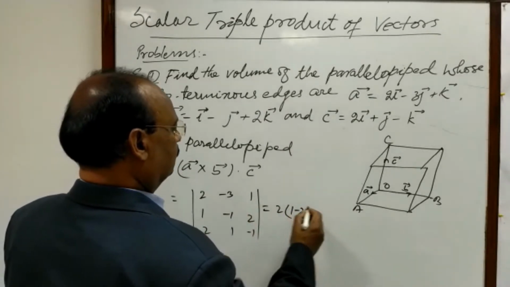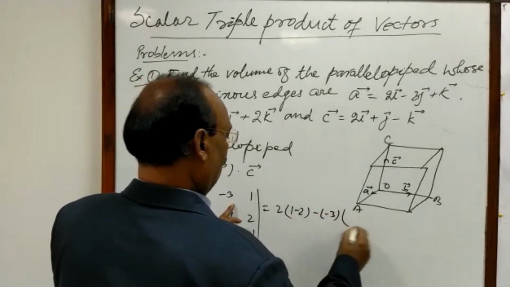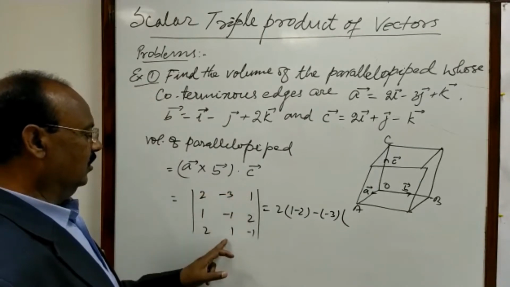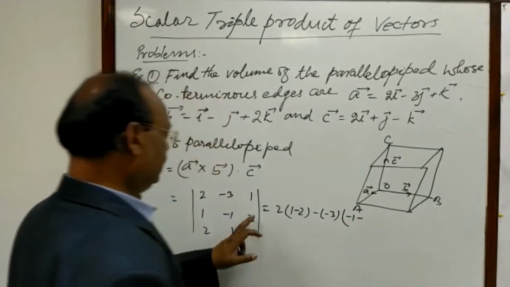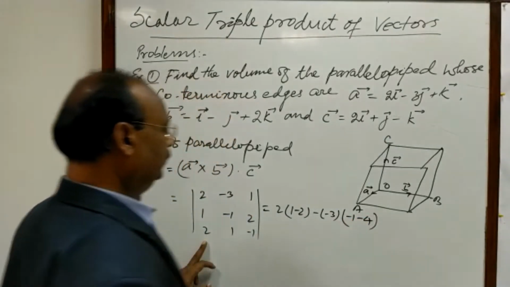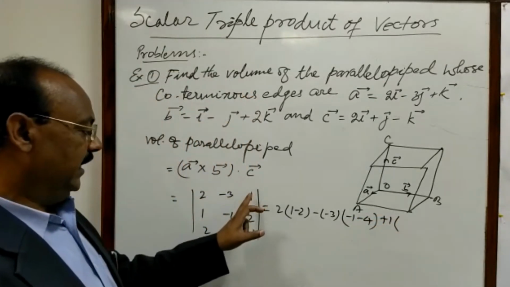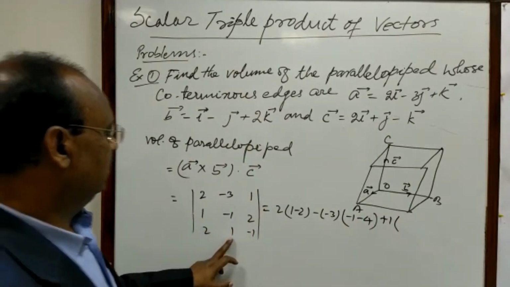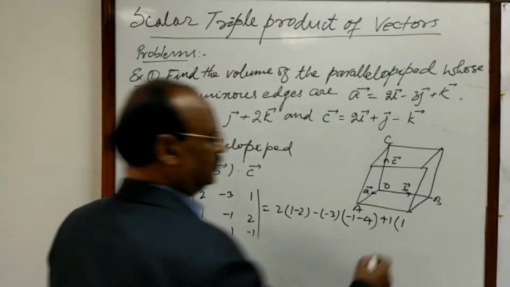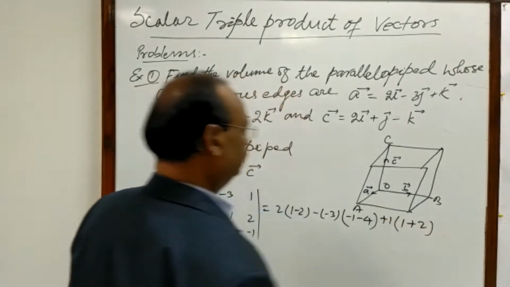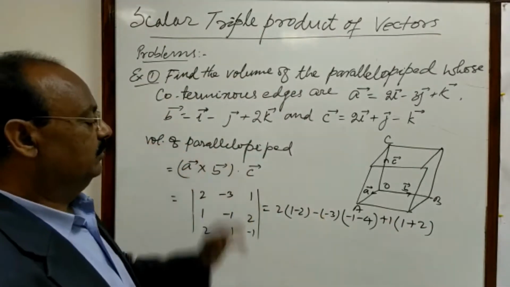Second term will start from minus, so minus 3 into, omit first row and second column, so 1 into minus 1 is minus 1, minus 2 into 2, that is 4, and the next term is plus 1, omit first row and third column, so 1 into 1 is 1, minus 1 into 2 is minus 2, so minus and minus becomes plus. With the help of this expression we will get the volume of the parallelepiped.